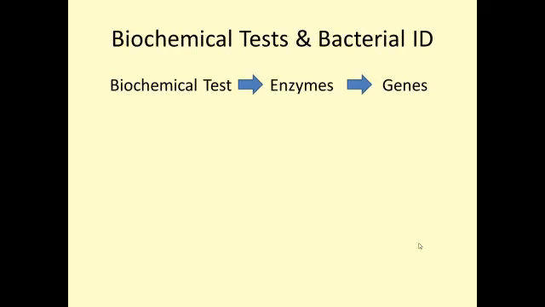Now you're probably going, well, how does a biochemical test show us what enzymes there are? Once we know the process of going from glycolysis down to acetyl-CoA formation, through the Krebs cycle, and through the electron transport chain, or if an organism strictly ferments, then we know what enzymes it has.